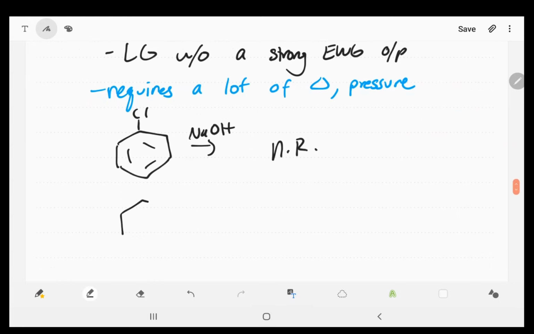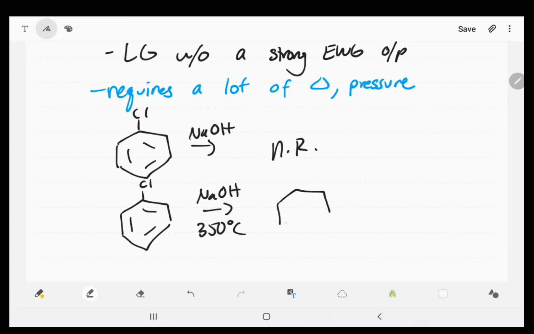However, we can do this if we crank the temperature up to 350 degrees. Not a problem. We go super crazy with it, and we'll end up getting our product. Ta-da! So you don't technically need the electron withdrawing group.